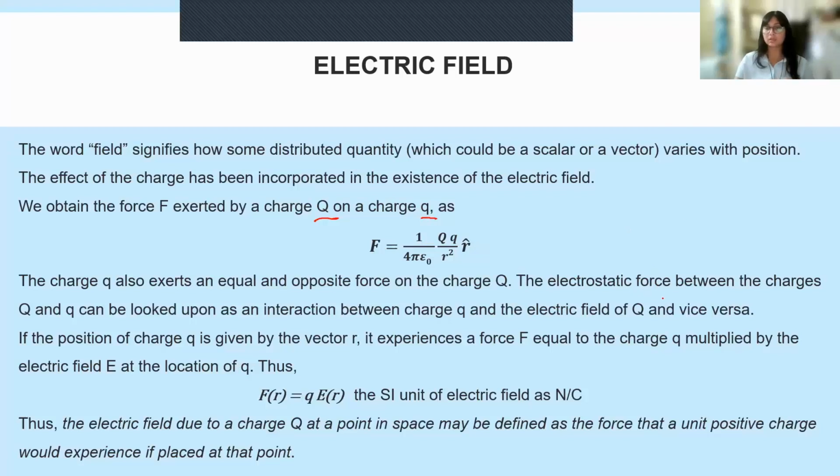So the force that exists between the charges is actually the interaction between the charge q and the electric field that is developed due to the existence of charge Q. So if the position of charge small q is given by vector r, and you introduce a unit vector r-hat associated with the position of the charge q, it will experience a force F that is equal to the charge q multiplied by the electric field at the location of q.